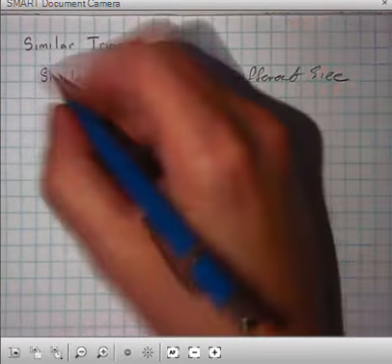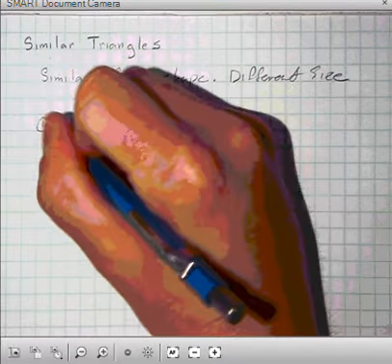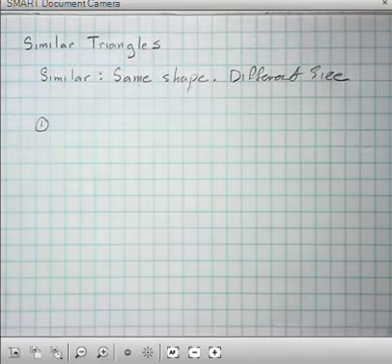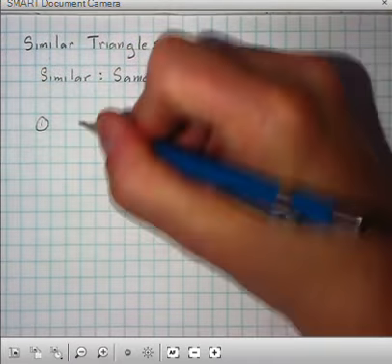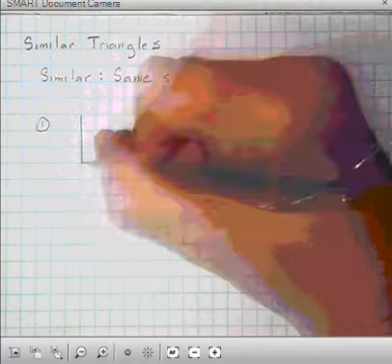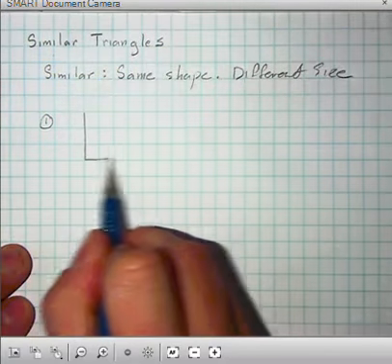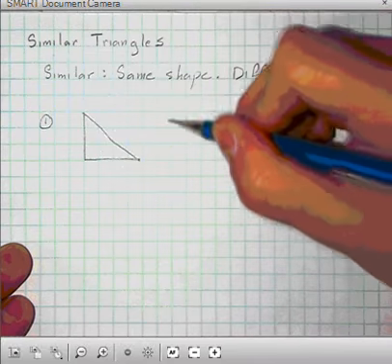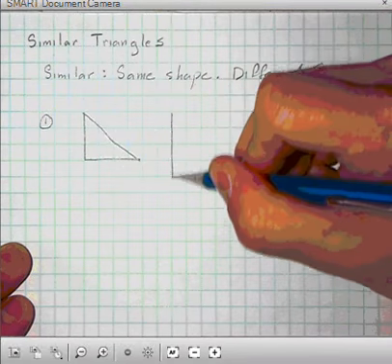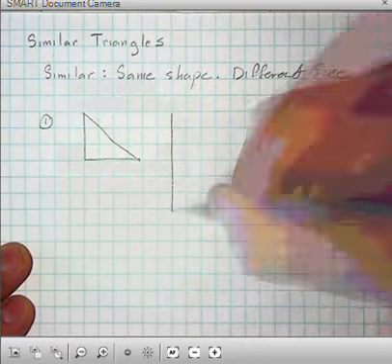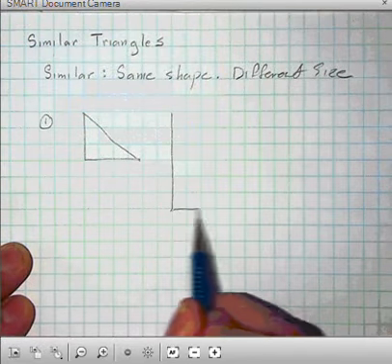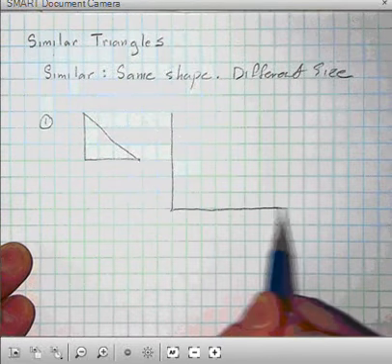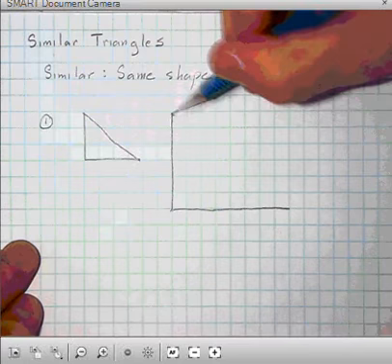But the idea is that because they're similar, we can use proportions to find missing links. We'll start off with a basic example just like we did yesterday. We'll do a triangle, maybe 3 by 4. We'll make another triangle. It doesn't have to be exactly the same size as mine.